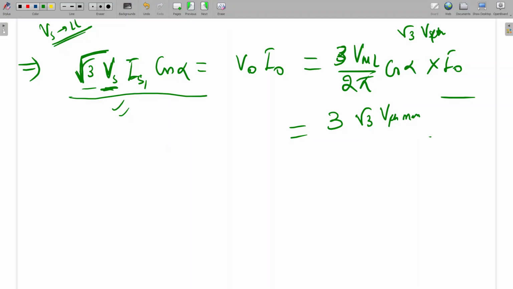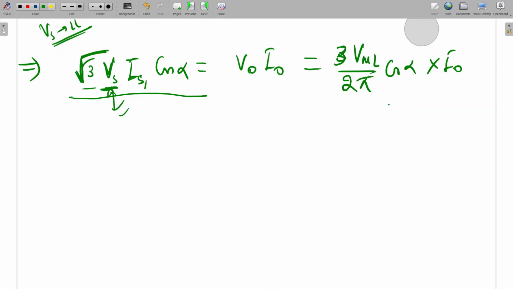Is it correct? Yes, sir. One second. And cos alpha I naught is there. Something I have done wrong. I should not go in phase. I should do it in line only because line is there. So better to do it in line only.